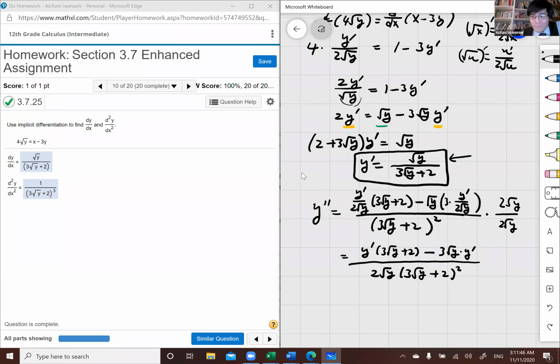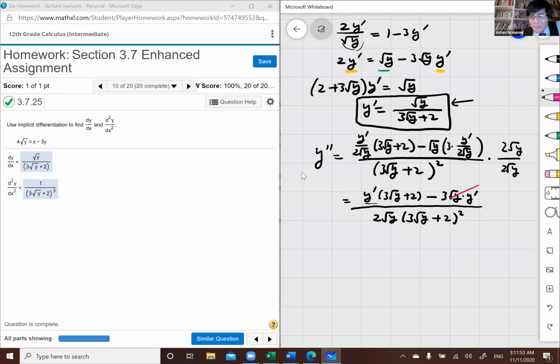Now expand this one. You can cross out this part, and this part is actually the same term and they cancel each other. So you obtain 2y dash over 2 square root of y, times 3 square root of y plus 2, squared. You can cross out this 2 as well.